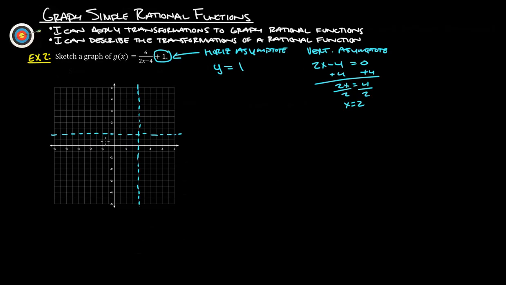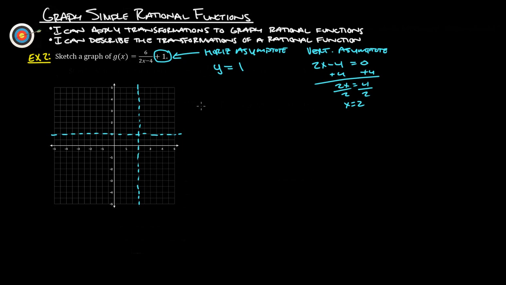Now, when you want to know what it's going to look like, honestly, I feel it's pretty easy to just plug in a number on one side or the other of this vertical asymptote. Since it's positive, the positive is going to be here and here. If it's negative, it would be here and here. But we can just plug in a couple of points and away we go.